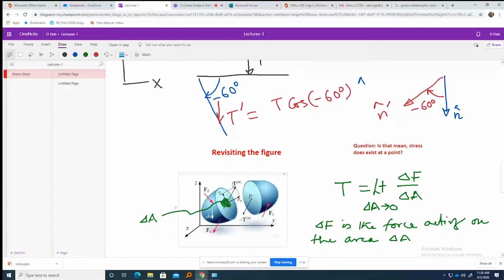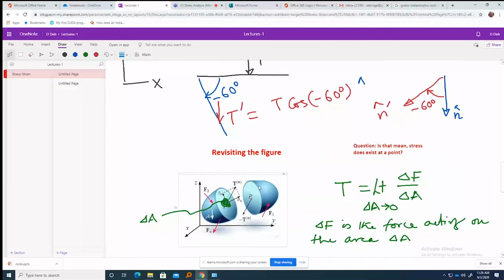Now let's assume this area is delta A, that means very small. So if the area becomes small, the applied force on that area will also be small. See, this F1, F2, Fn, and this may be the body force, meaning its own weight. These are all the forces acting on this body.